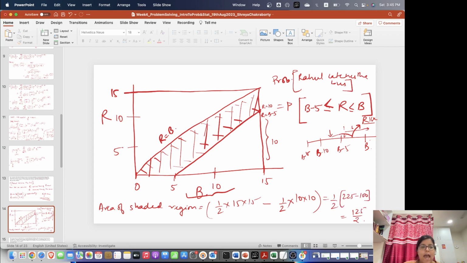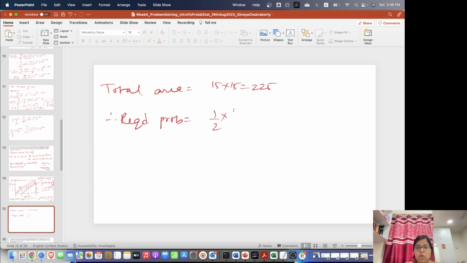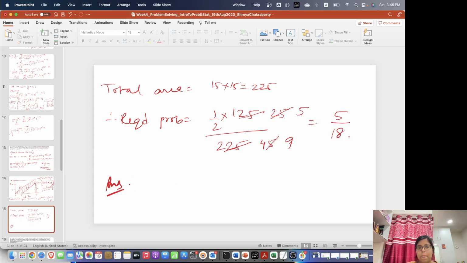And the total area is 15 into 15, that is 225. Therefore, the required probability is half into 125 by 225. Dividing by 5, this is 25 and 45, again by 5, 5 and 9. So 5 by 18 is the answer.